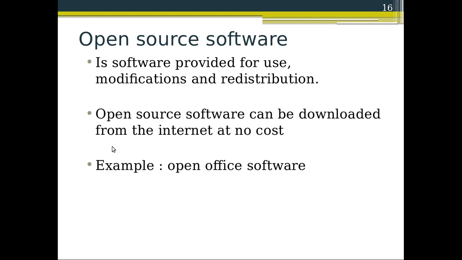Open source software can be downloaded from the internet at no cost. So, if you can use it, modify it, and distribute it, you can download it for free. That means at no cost, for free, without paying its developer. Okay, without paying, you can use it and modify it and distribute it.